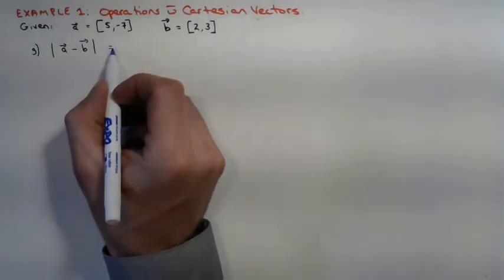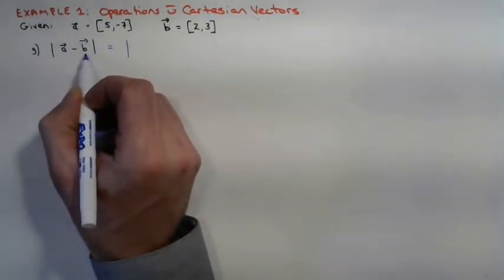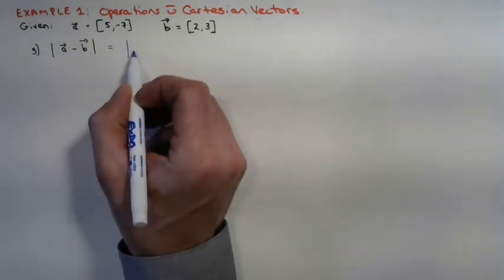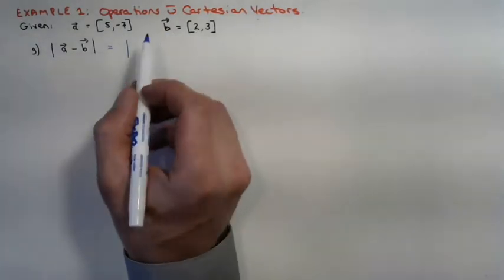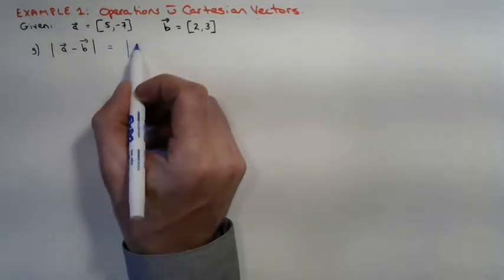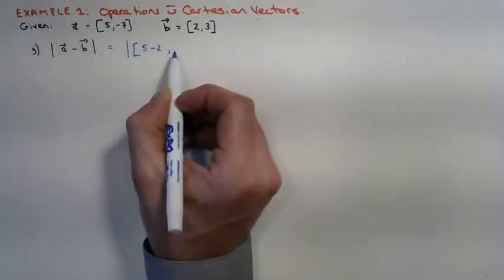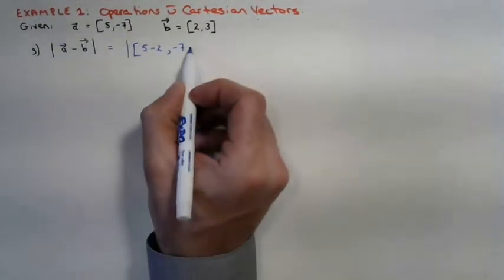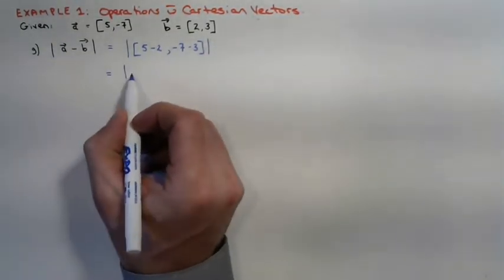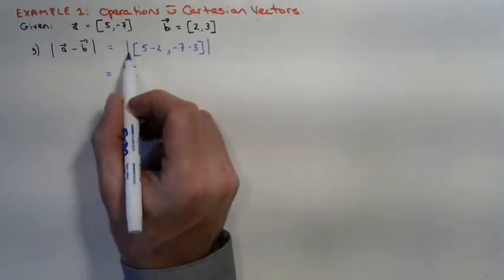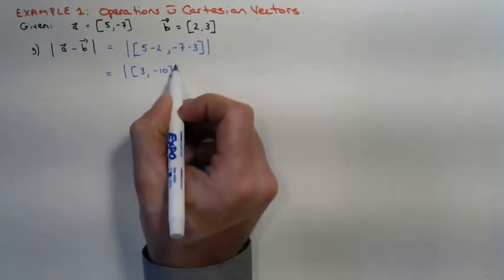We have the magnitude of A minus B. We take the horizontal component of A, 5, and subtract the horizontal component of B. So we have the vector where the horizontal component is 5 minus 2 and the vertical component is negative 7 minus 3. We simplify that, which gives us that we're looking for the magnitude of the vector 3, negative 10.